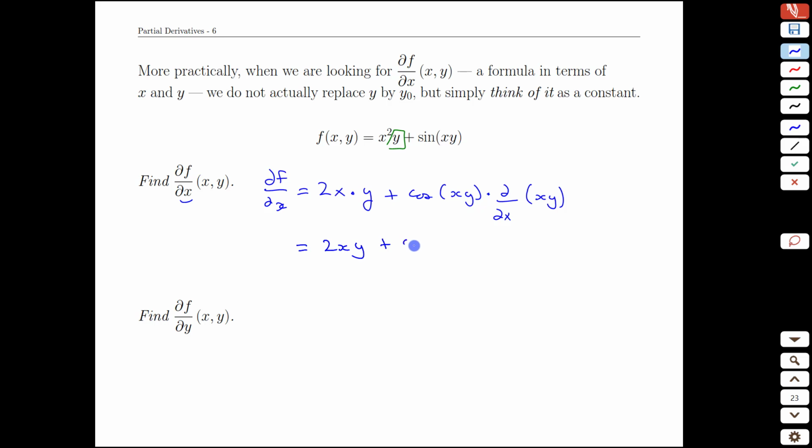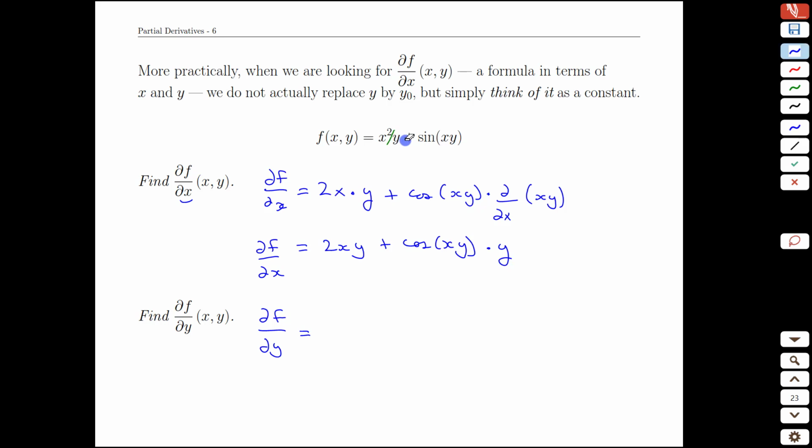Copying everything we have already down, we can then focus on this term, and the x derivative of x times a constant is just the constant. And notice that that gives us the same formula we had on the last page without the intermediary step of sticking in y naughts.